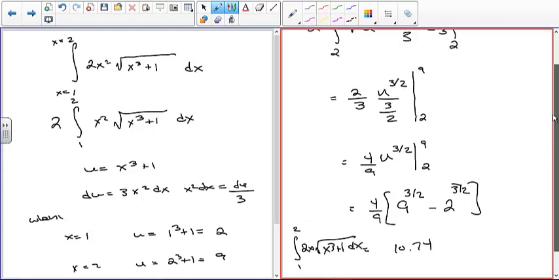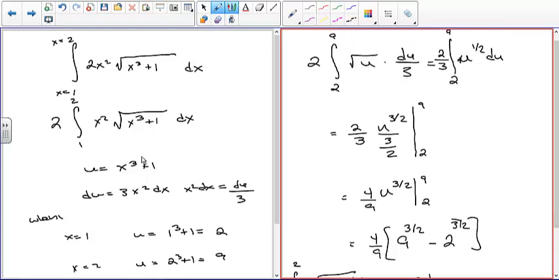So using this substitution, I get the square root of u. The x squared dx becomes du divided by 3. I factored out the third in the denominator, so I get 2/3 times the integral from u equals 2 to u equals 9 of u to the 1/2 power du.